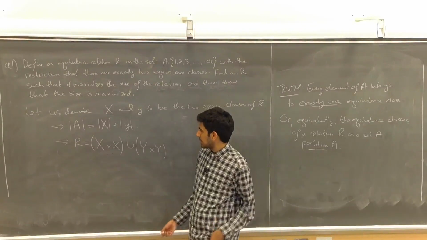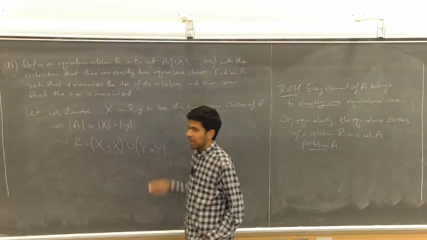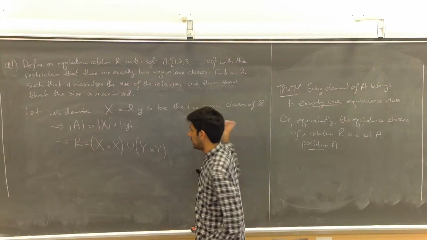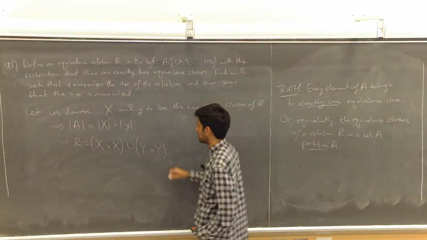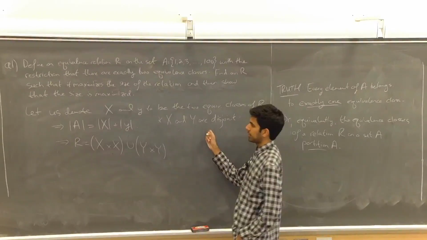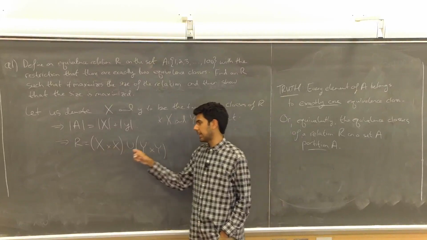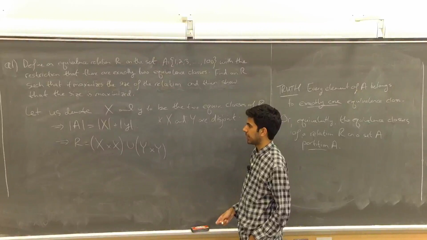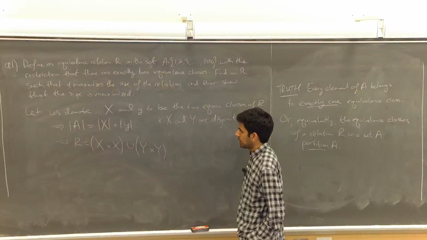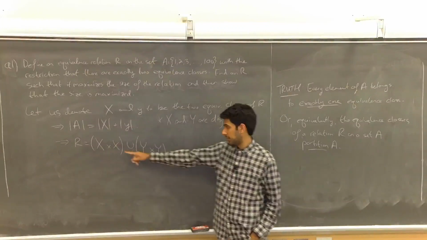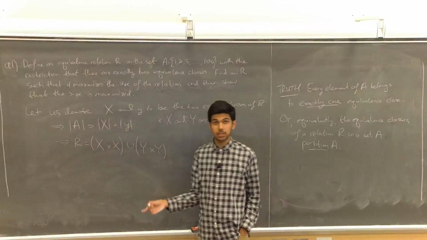What we'll note is that since X and Y are disjoint, because they partition A, let me just write that down. Since X and Y are disjoint, then X cross X and Y cross Y are also disjoint. You should take some time to prove that to yourself. This makes expressing the cardinality of R in terms of these equivalence classes a lot easier.